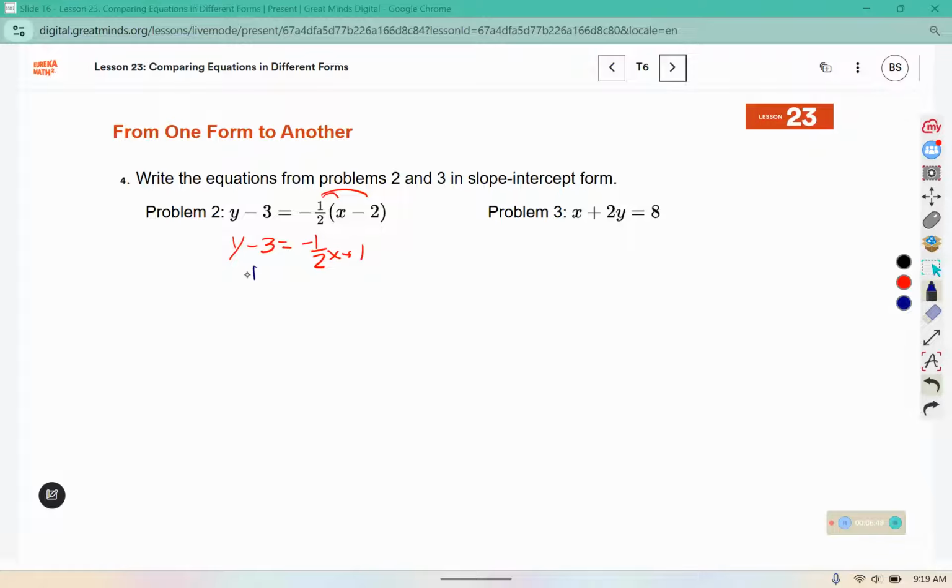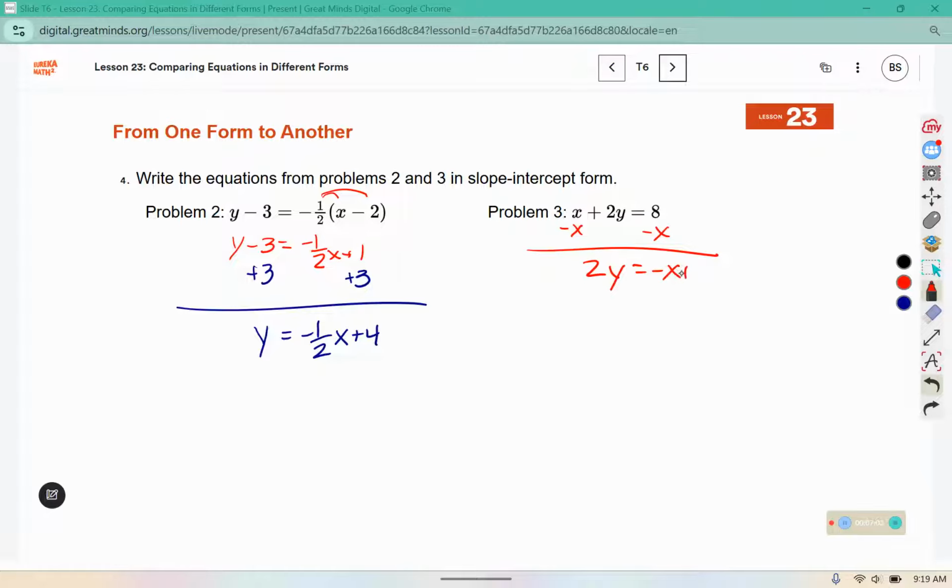Again, we'll move 3 over. For this one, we're going to move the x to the other side so that the y's are by themselves. And then divide both sides by 2 so we have y by itself. And 8 divided by 2 is 4.